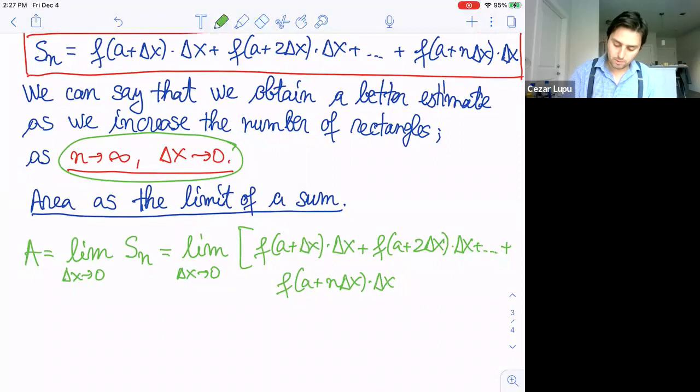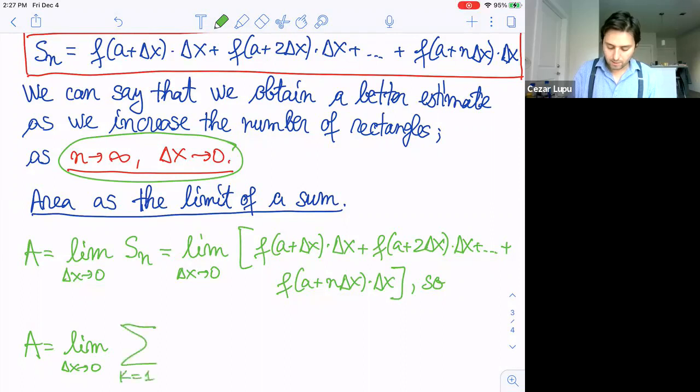So the area will be nothing else than the limit as delta x approaches 0 of, I can write this, the sum from k equals 1 to n, and I can factor a delta x. As you can see in the previous equality, we have a common factor, delta x.